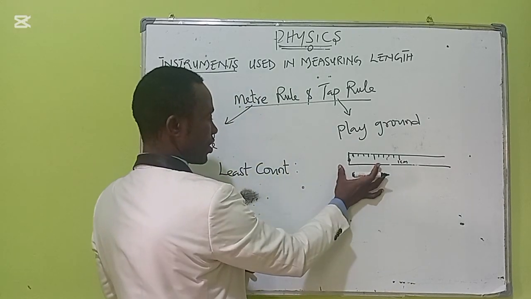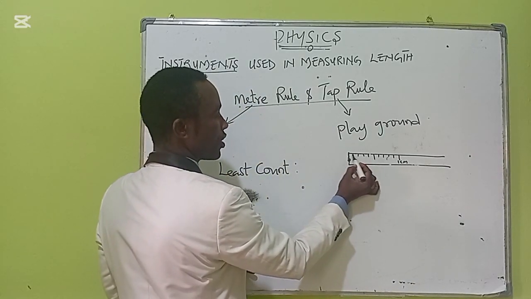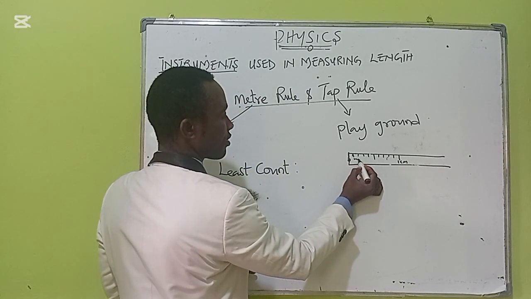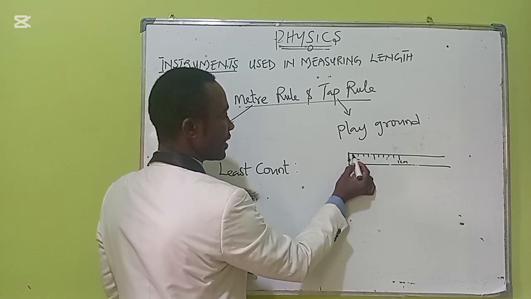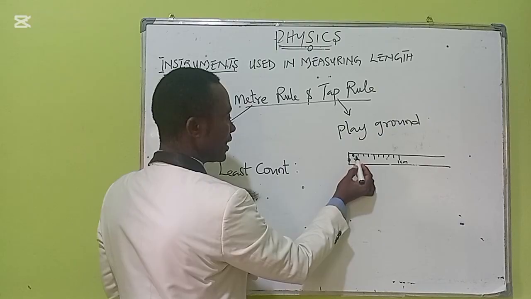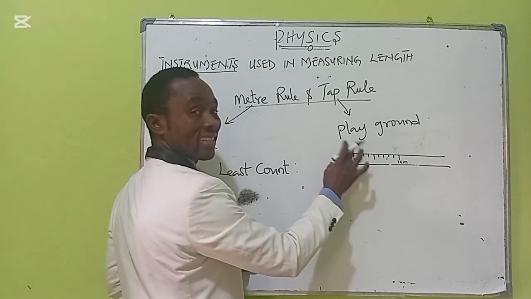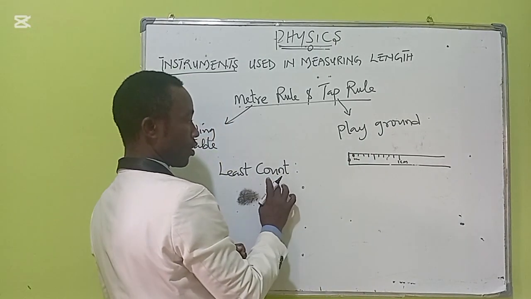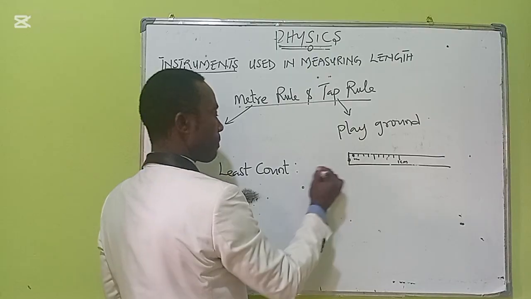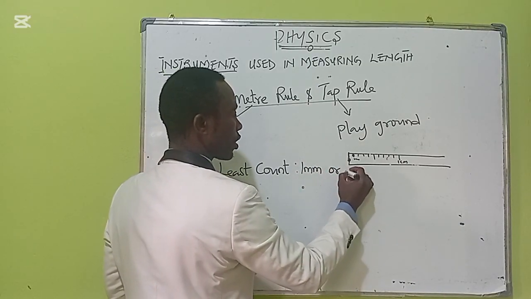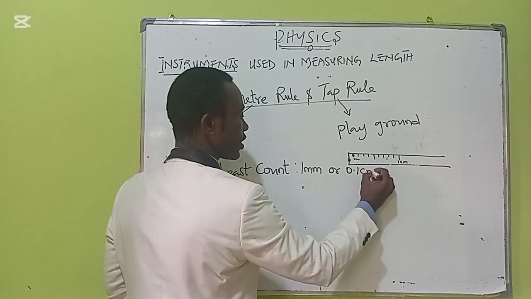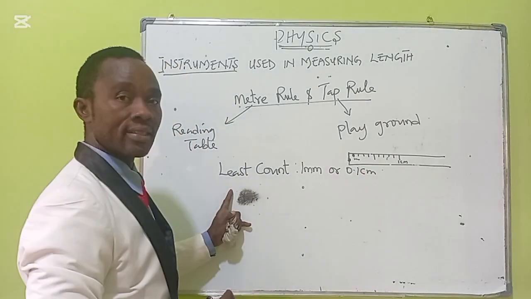So you can see that the least count is from here to here, which is 1 millimeter, the least division on that instrument. That is what we call the least count, and it is 1 millimeter, which also corresponds to 0.1 centimeter.